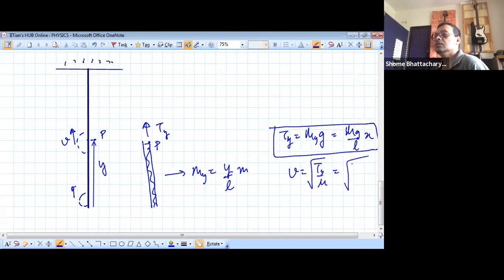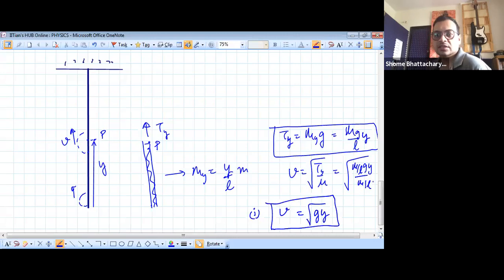So that is nothing but m by L g y. So it is y, not x, divided by linear mass density, which is m by L. So the first part, the speed as a function of y, becomes square root of g into y, where g is acceleration due to gravity.